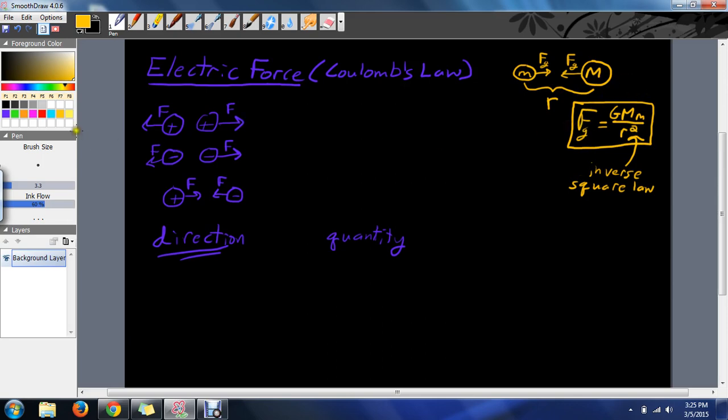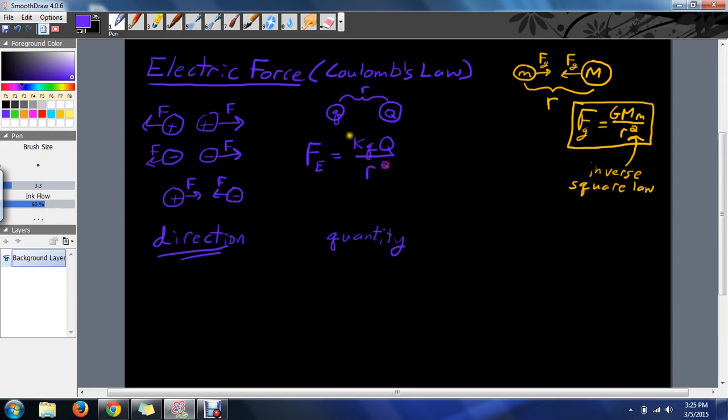of 4. Coulomb's law is very similar, where if we have two charges, little q and big Q, separated by a distance r, then the force between them will be given by this equation.